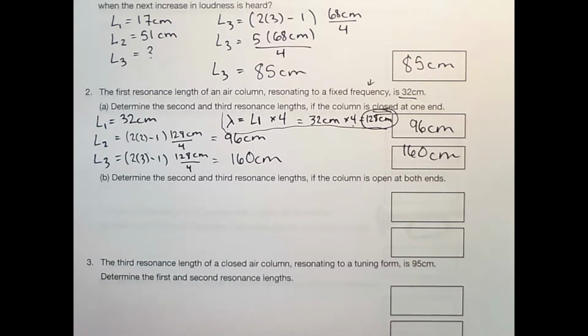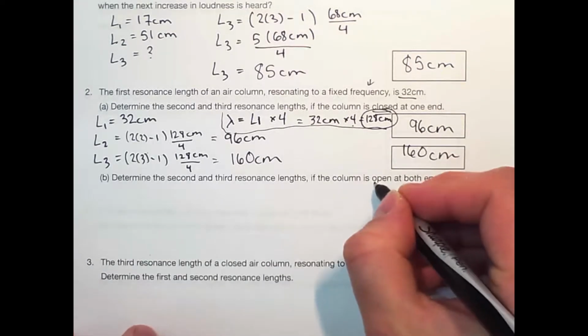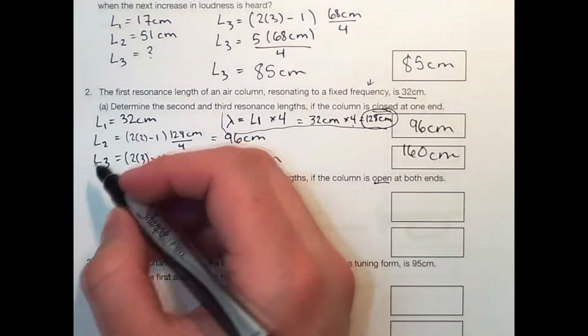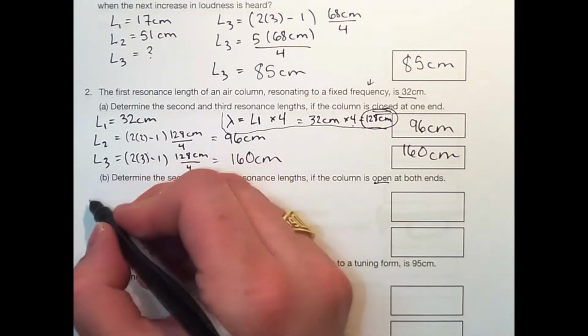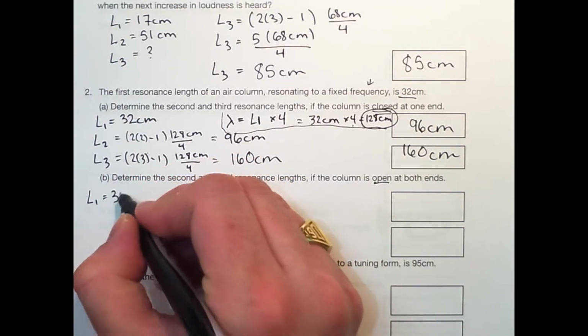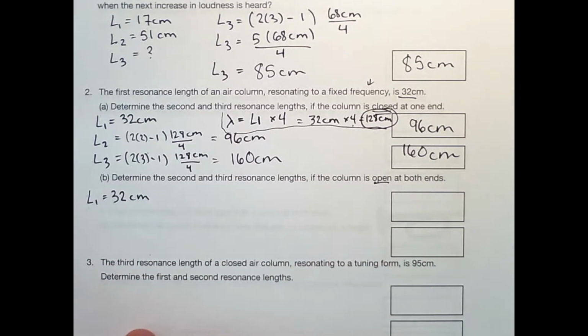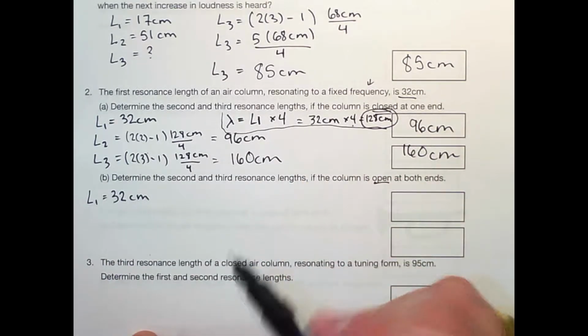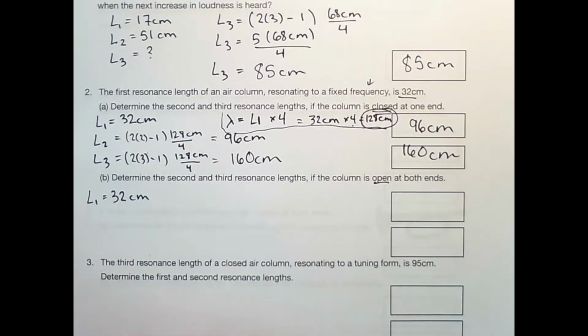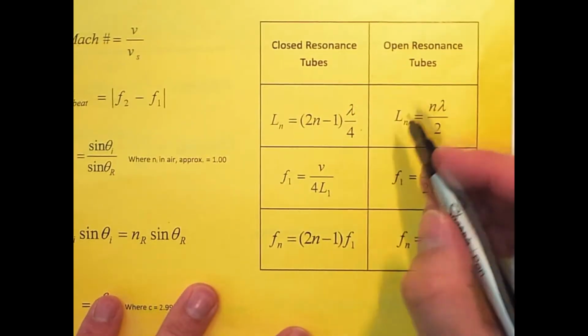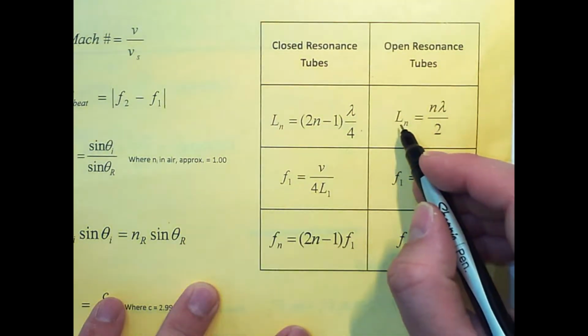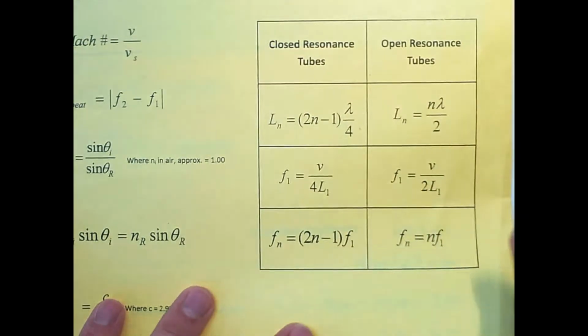So we're going to do exactly the same thing, but with an open tube. So we will make the assumption that L1 is still 32 centimeters. We have to solve for lambda for an open tube. So for an open tube, it's Ln equals n lambda over 2.